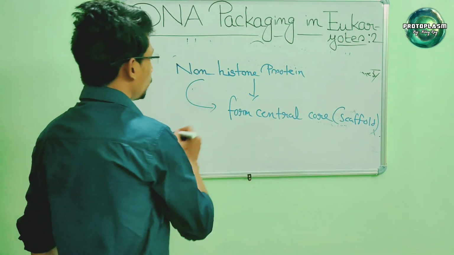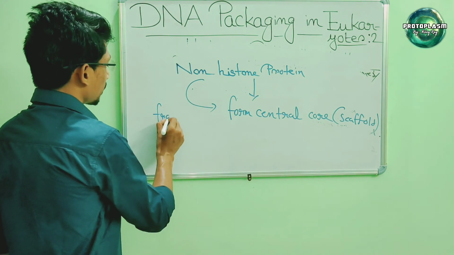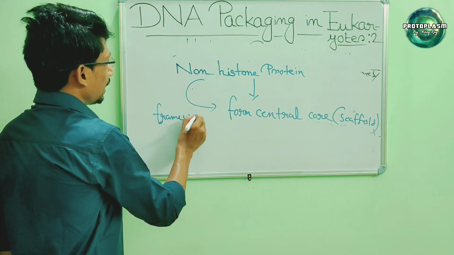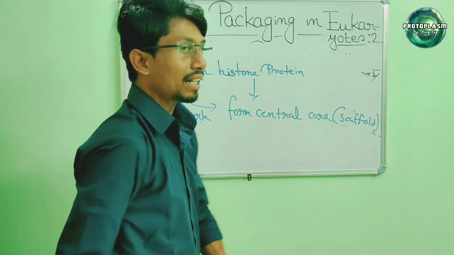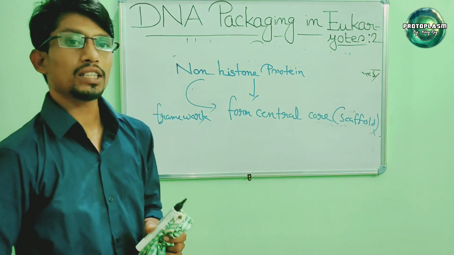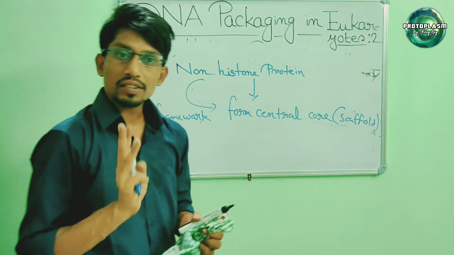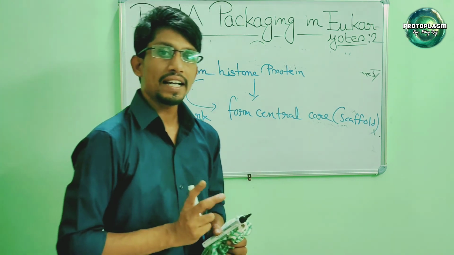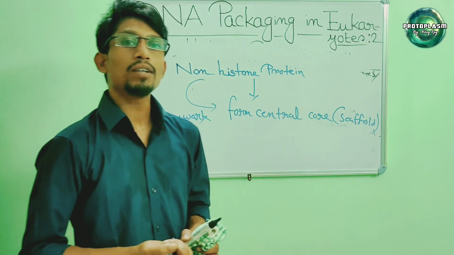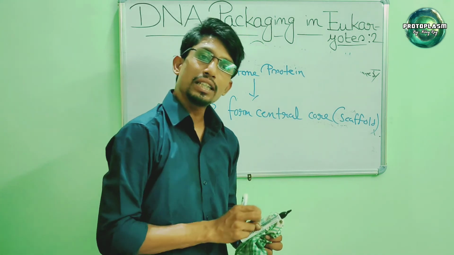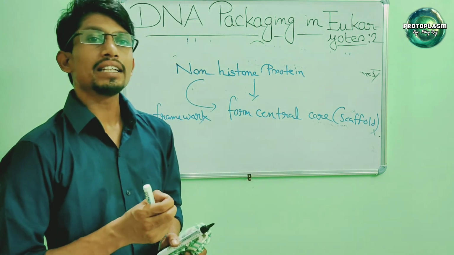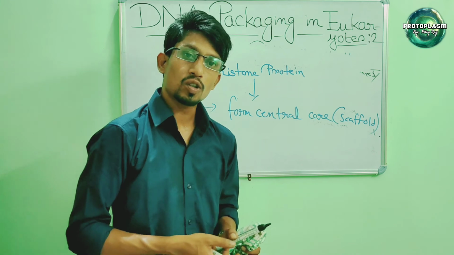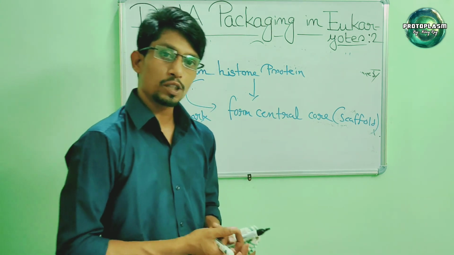So this basically forms the framework, and again this is tightly packed and condensed into a metaphase chromosome. There are 3 levels of condensation that occur. Firstly, the DNA is negatively supercoiled to fit within a nucleosome. Then the nucleosome forms the histone octamer with the help of H1 histone.